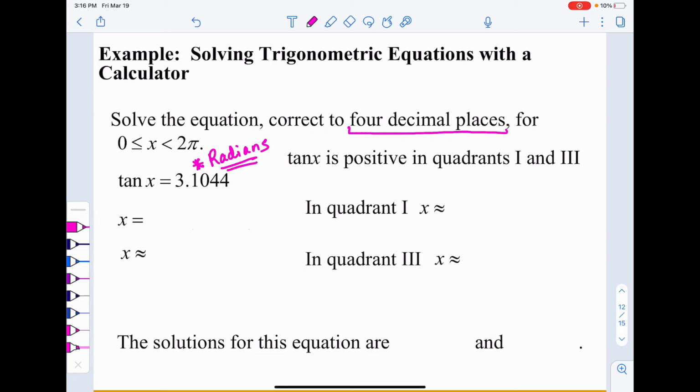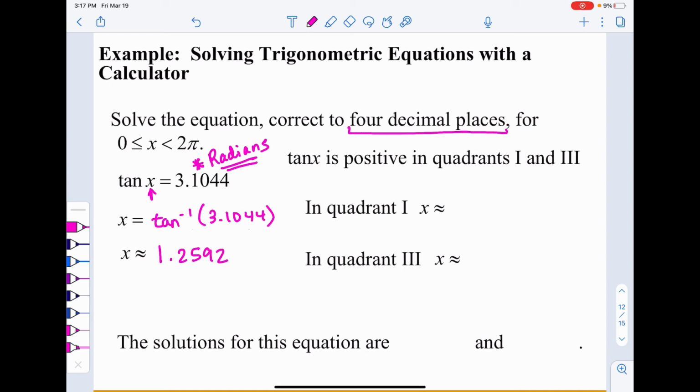So if we had the tangent of x is equal to 3.1044, in order to get x all by itself, that means we need to take that tan negative 1, that inverse tangent of 3.1044. So if your calculator is in radians, go ahead and type in that inverse tan of 3.1044. Your calculator, rounded to 4 decimal places, should give you 1.2592.